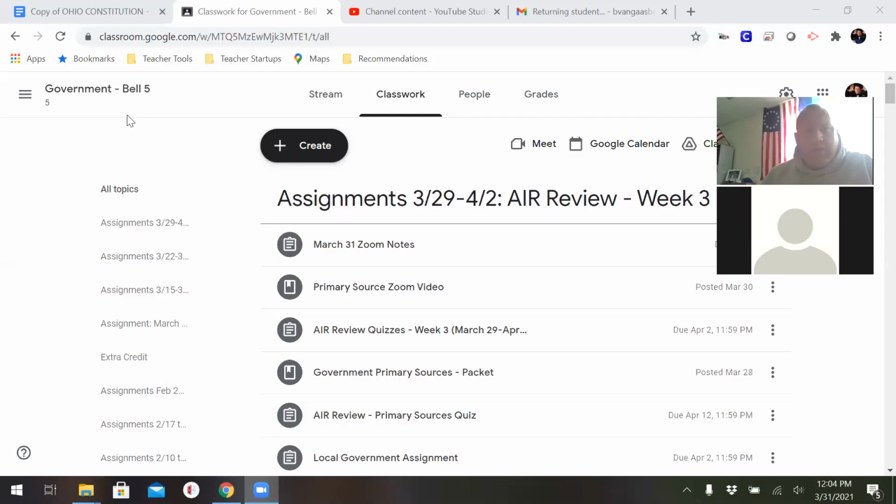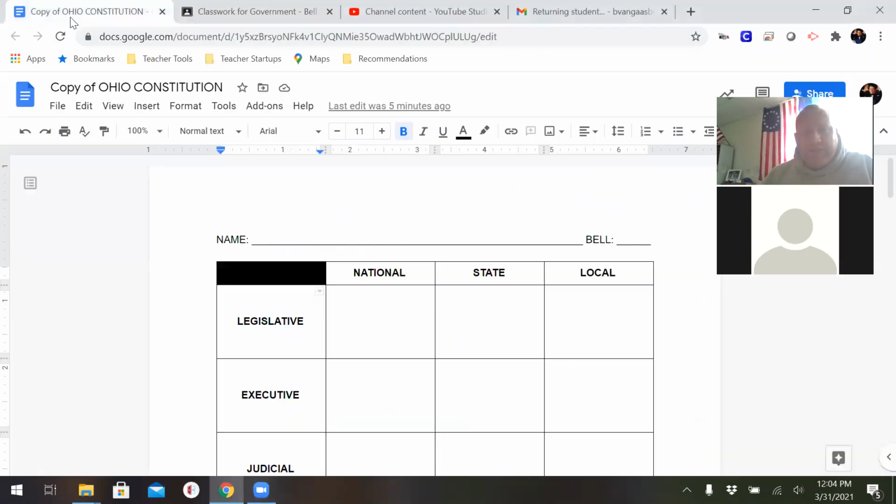If you have that up, that's going to help. It is a Google Doc, has a chart. We're going to go through that here in a second. So I'm going to share my screen. As you can see, it was right here under assignments, March 31st Zoom notes. Click on that. It brings this chart up.